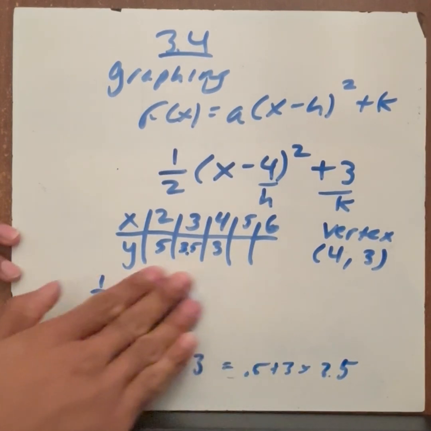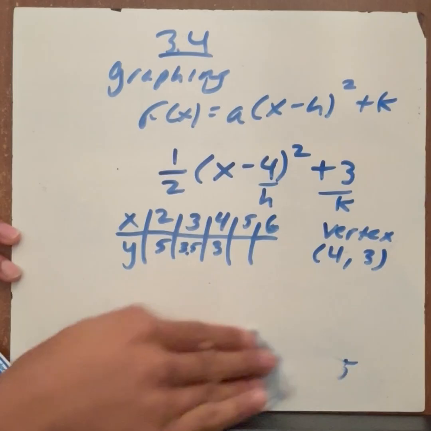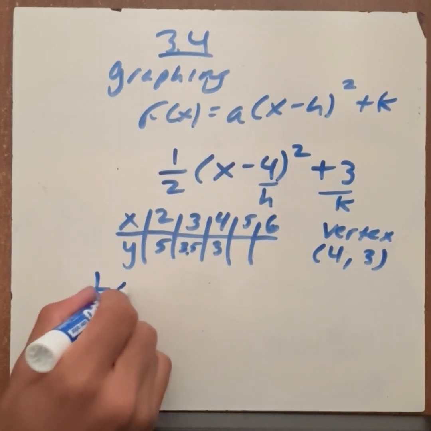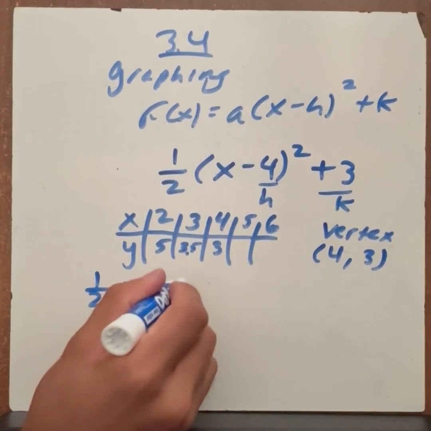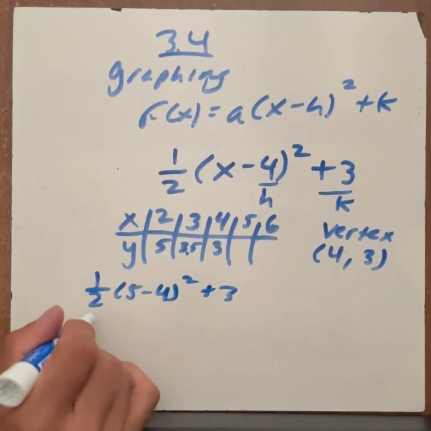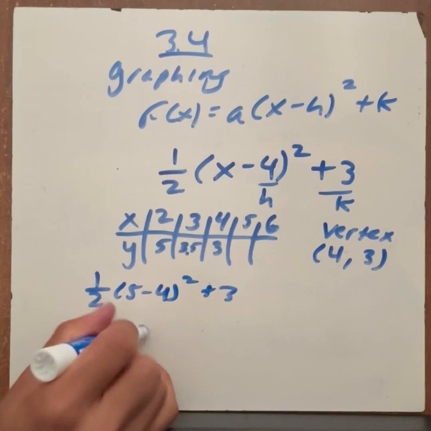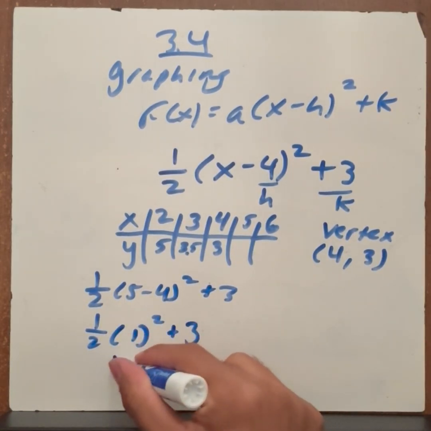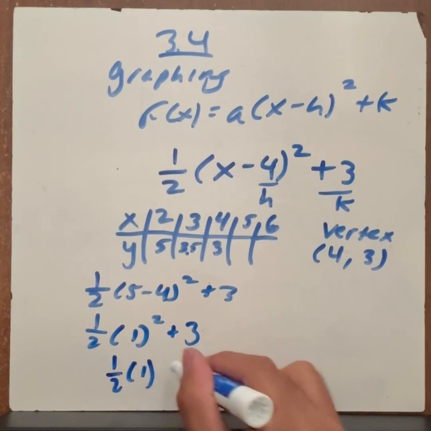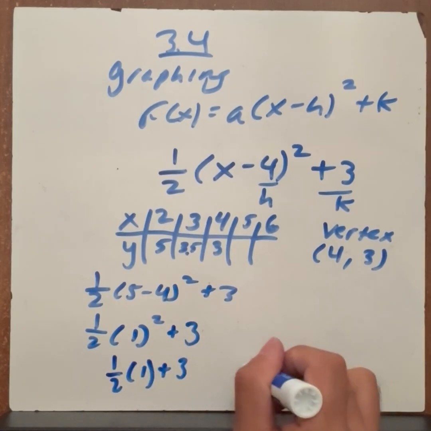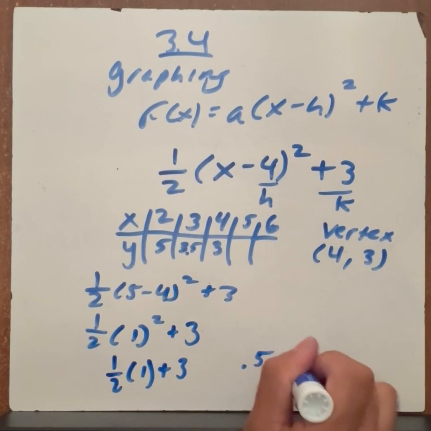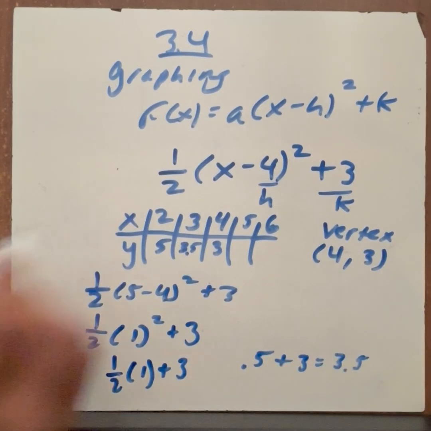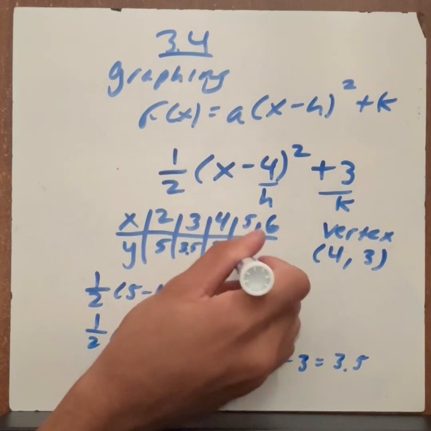Doing the same thing with 5. Half of 5 minus 4 squared plus 3. 5 minus 4 is 1, squared is 1, so half of 1 plus 3. Half of 1 is 0.5, and 0.5 plus 3 is 3.5. So this number right here should be 3.5.